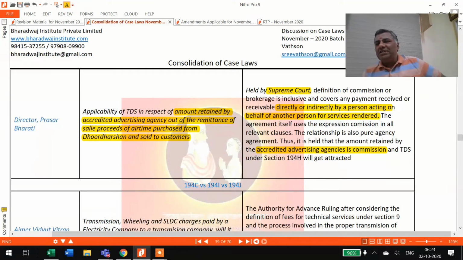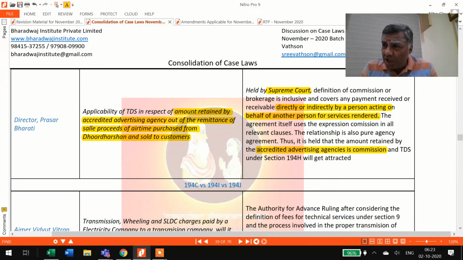And TDS will get attracted. Most possible area in case law question, because there is a shift in the entire understanding.